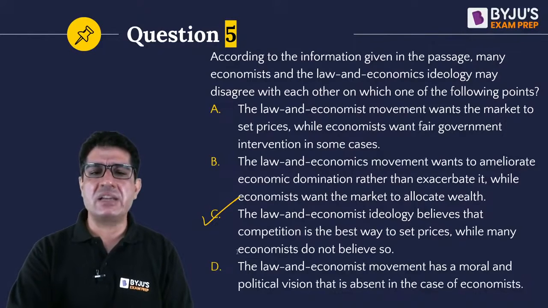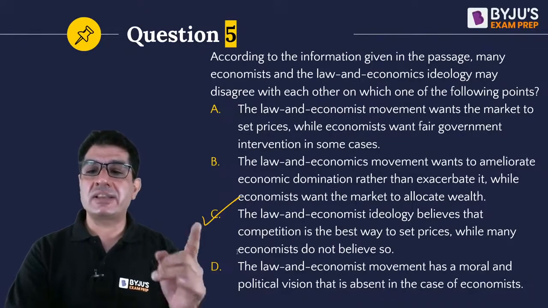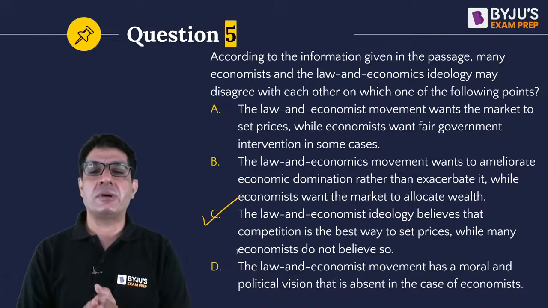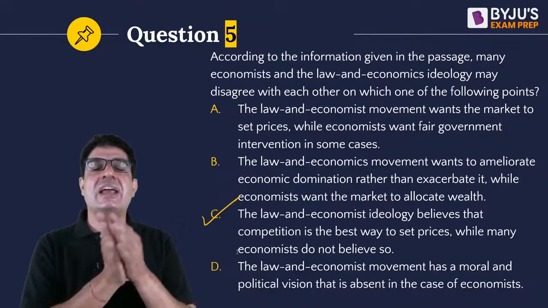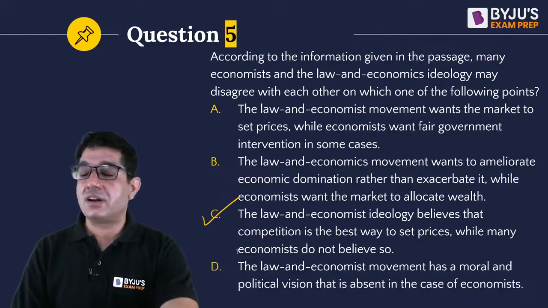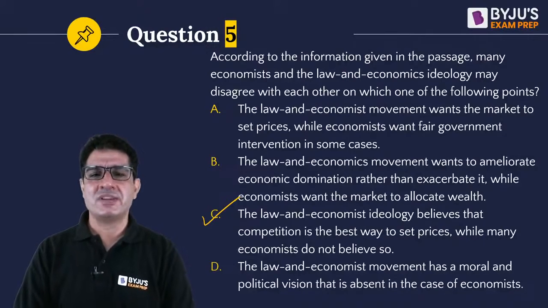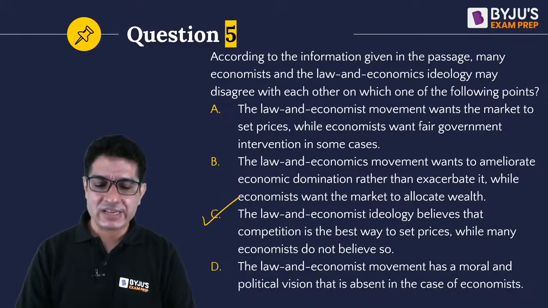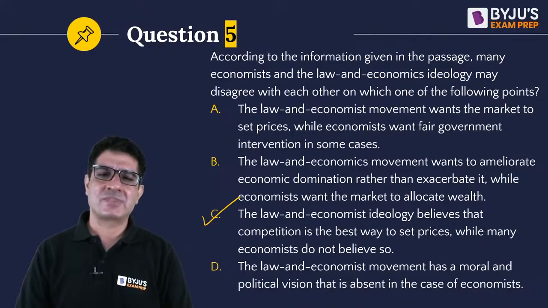Similarly, if you look at D, law and economics movement claims that it has a moral and political vision, but then it has been debunked in the next sentence by the author. Once again, it does not talk about the rift between the economists and law and economics ideology. So B and D are mentioned, but they are not relevant for this particular question, right?